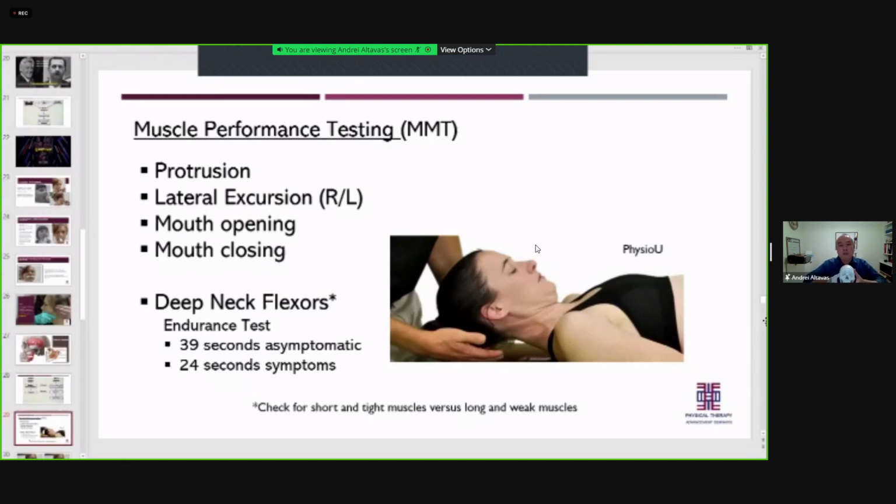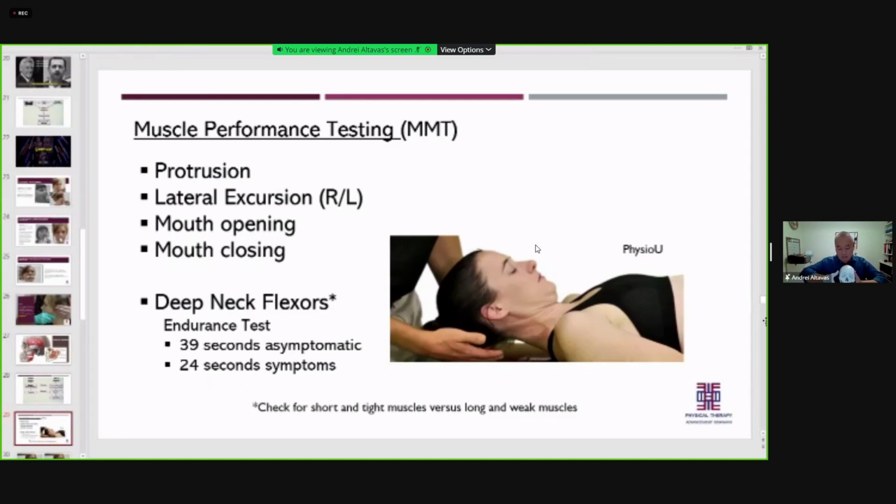And for mouth opening, what we do is stand behind your patient. When you stand behind your patient, you get your arms around and then apply a resistive force. You always want to start in a resting position. So what I typically tell patients is, I want you to bring your tongue to the roof of your mouth, and in that position, open or drop your jaw.